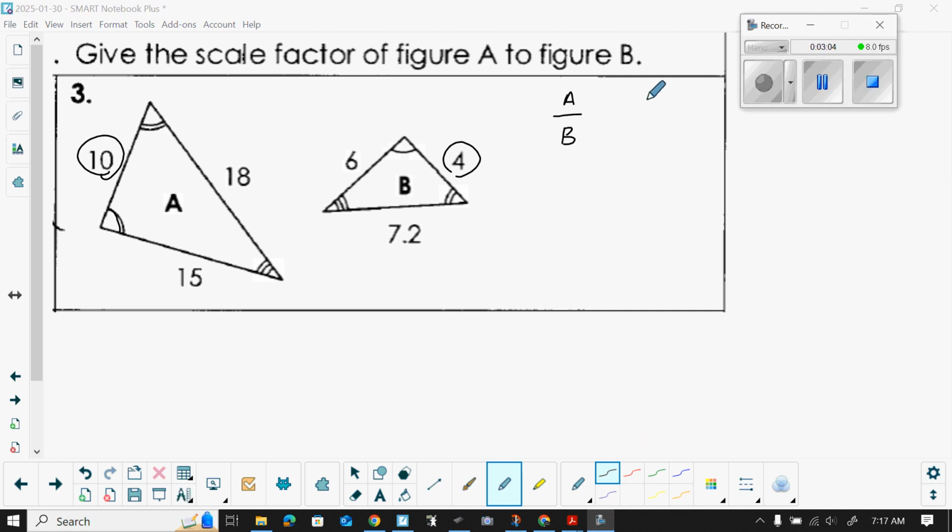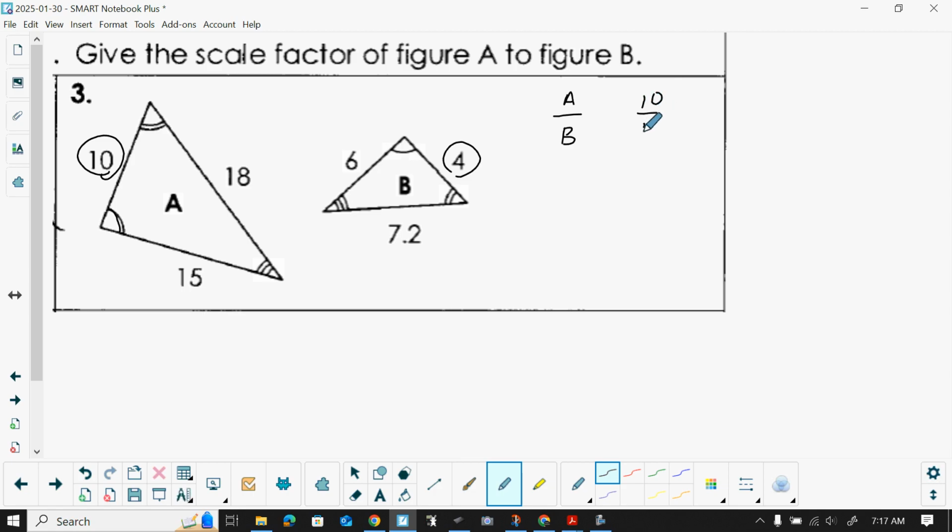So we write 10, we write 4, but you always need to simplify, which means 2 goes into both these, we get 5 over 2. That's what you're going to want to type into that Desmos assignment. You could have picked another pair of matching sides, corresponding sides, but any of them would have simplified down to 5 over 2.